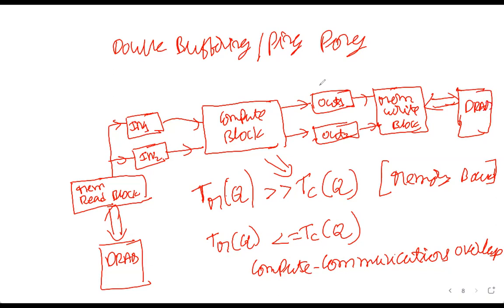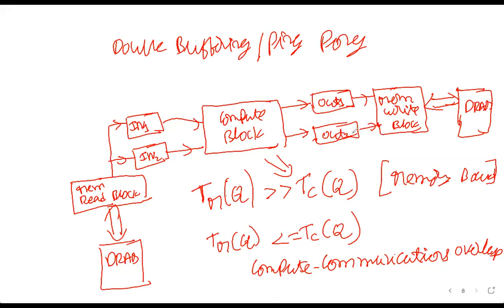The way it works is, let's say the compute block processes in1 and writes to out1. As this is happening, in2 is getting filled up. Once it processes in1, the compute block, instead of writing to out1, will write to out2.